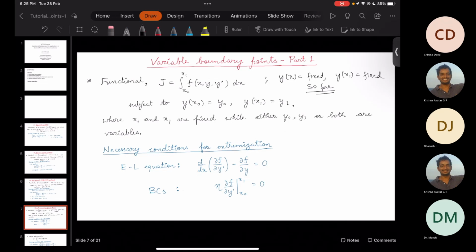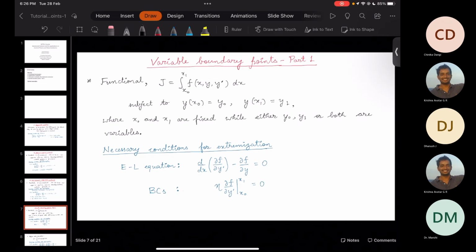In this case, the ends of the domain, x naught and x1, are fixed, while either y naught or y1 or both are variables. This is what differentiates our current problem from the problems we have been discussing so far.